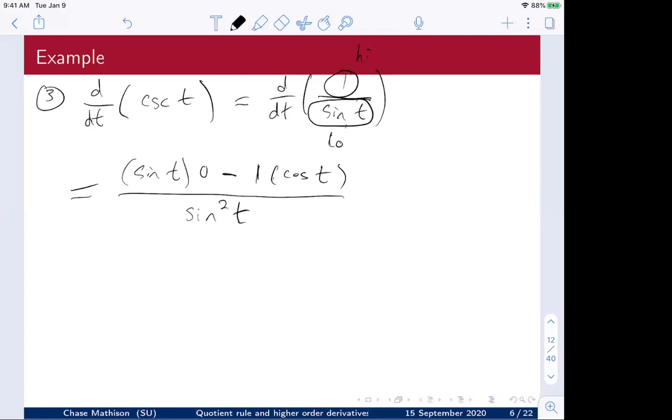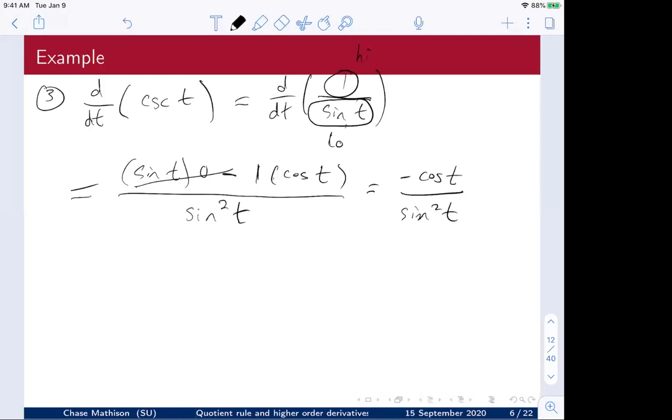Okay, so once again, that goes away, and we're left with just negative cosine of t over sine squared t. And again, if you left your answer like this on an exam, that would be fine. You've done enough simplifying.